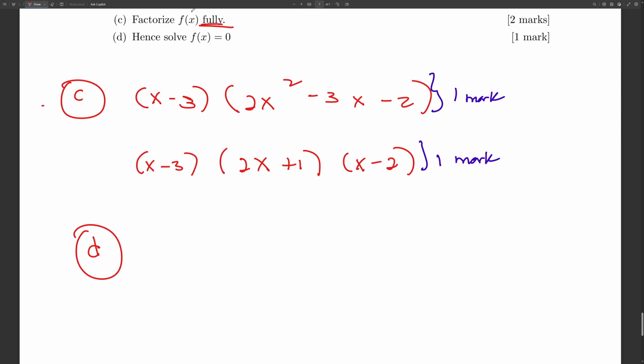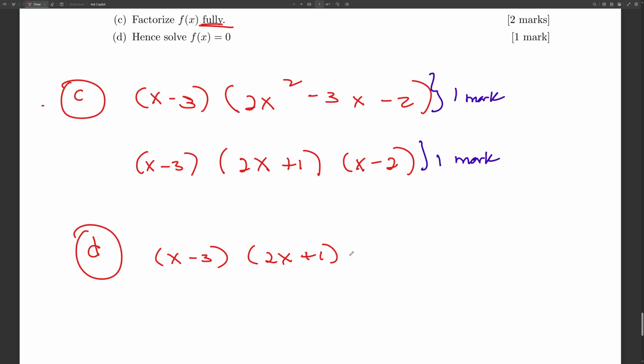So because we already factorized this fully, then we just need to take what we have factorized, set it equal to 0, and solve it.